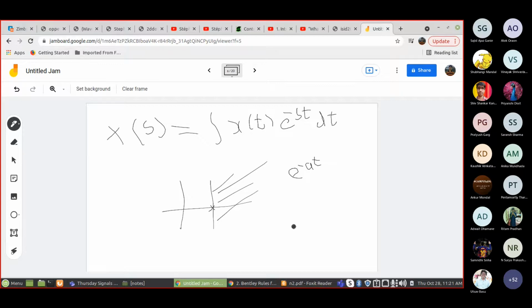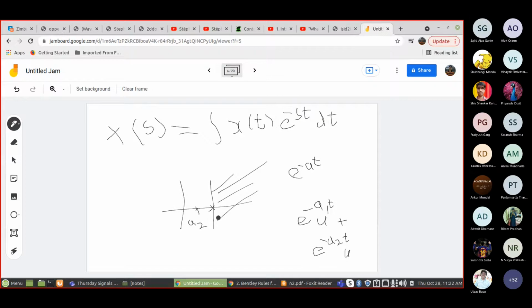And if you have multiple signals, so e to the power minus a1 t u of t plus e to the power minus a2 t u of t, like that, you will have a1, a2 like that.